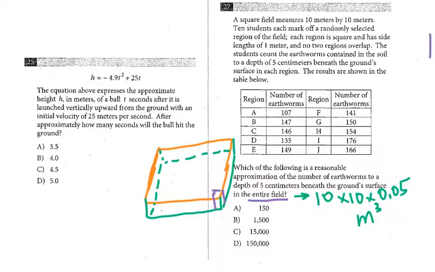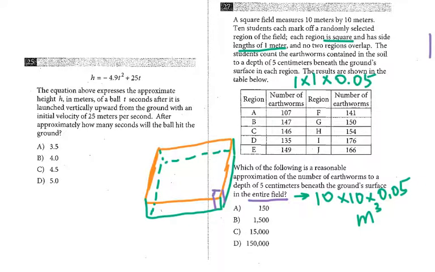And for those 10 students, each student selects a region that is a square with a side length of 1 meter. So what's the volume they select? It will be 1 times 1 times 0.05.